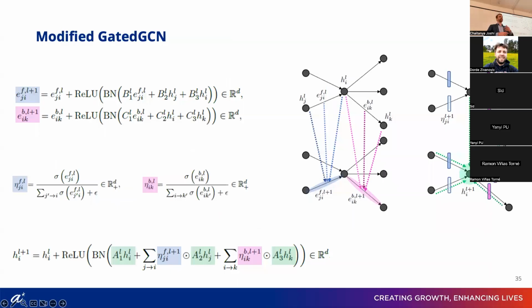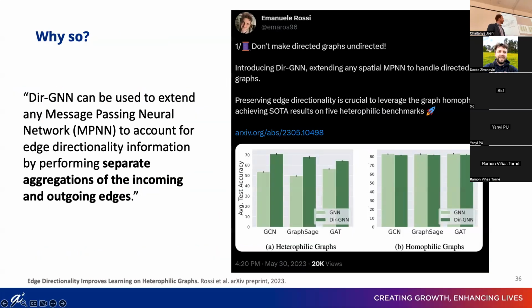You cannot treat your directed graphs as undirected. So we just did the thing ourselves, and it produced significantly better results. But it was nice to see that somebody took this and mathematically, formally explained what's going on, and they provided a framework for treating directed graphs with, I guess, directed versions of the GNN models.